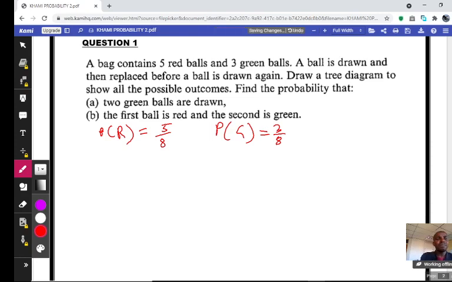Then the tree diagram will be like this. Let me put these dots so that it will be easy to draw the tree diagrams. That's actually what you have to do, because it will be easier for you. The first part is this one, and then the second part.